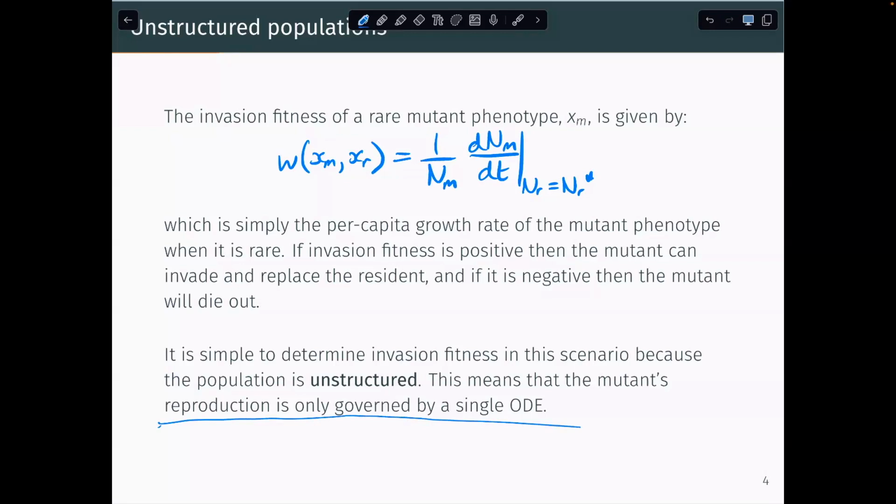This is also referred to as the invasion exponent sometimes. Basically just telling us, can our mutant invade? Remember, this all came from thinking about perturbations away from our resident equilibrium and analyzing the stability of that resident equilibrium. If this quantity is positive, then we're going to move away from that resident equilibrium. In other words, our mutant can invade.